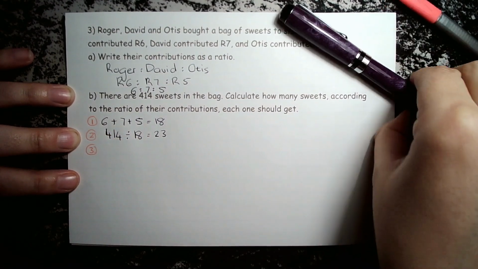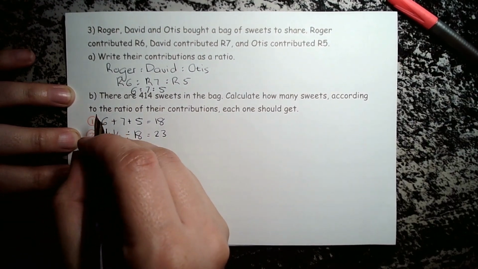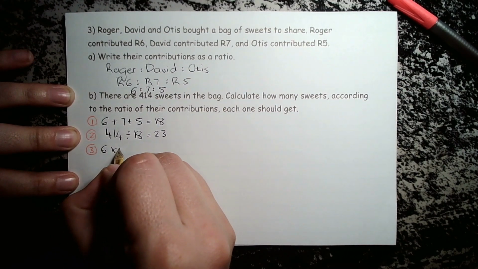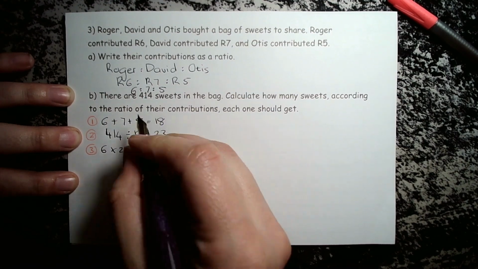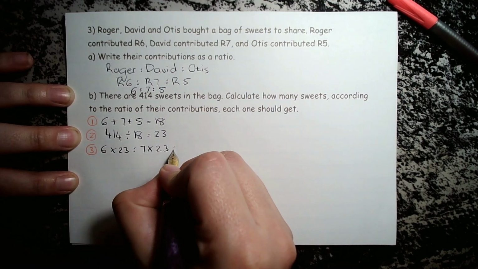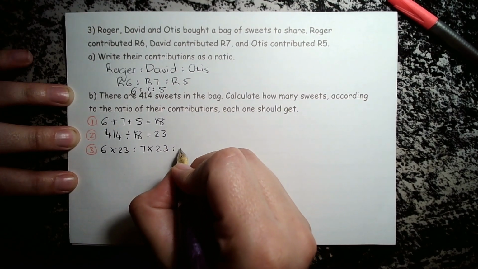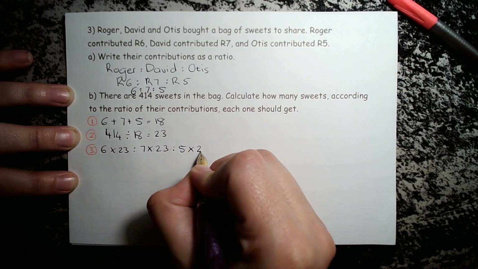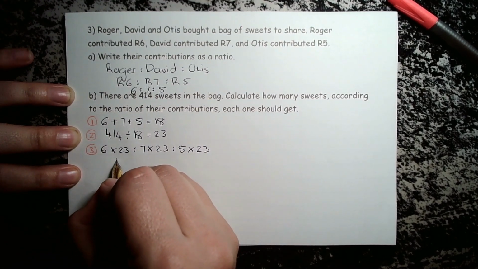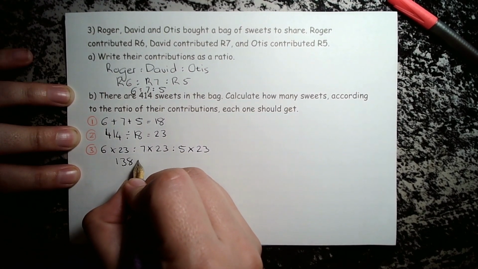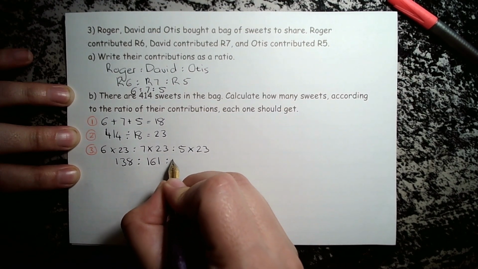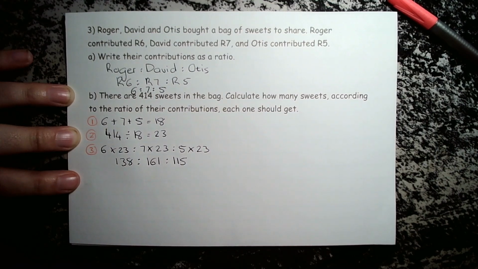Step 3. We have 6 times 23 to 7 times 23 to 5 times 23. So we have 138 to 161 to 115.